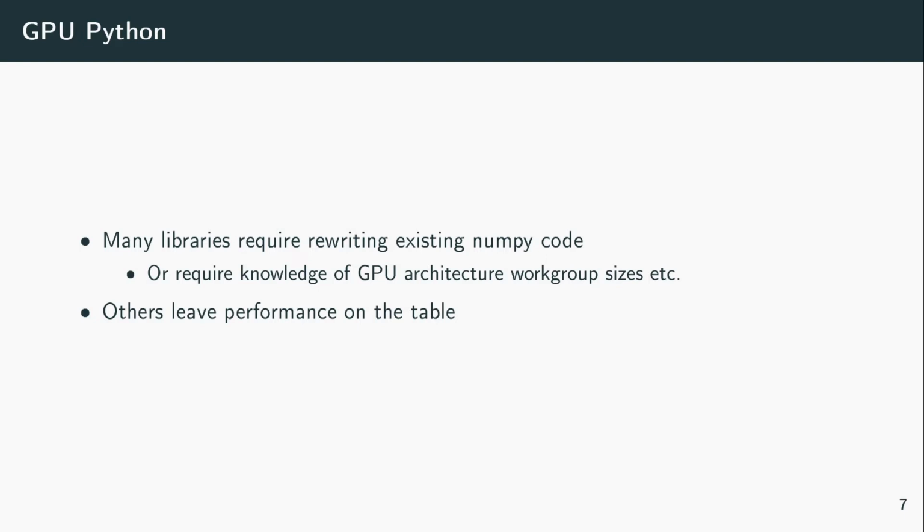And you have to use Numba in the first place, which is not a case of just changing an import in your NumPy code, whereas using CuPy allows you to just change an import and you have immediate GPU acceleration. But drop-in libraries such as CuPy also leave performance on the table.